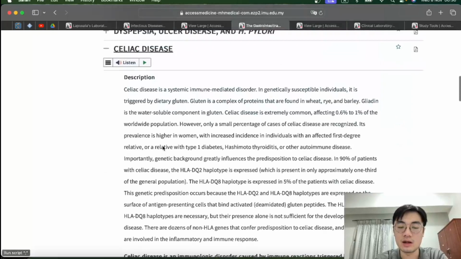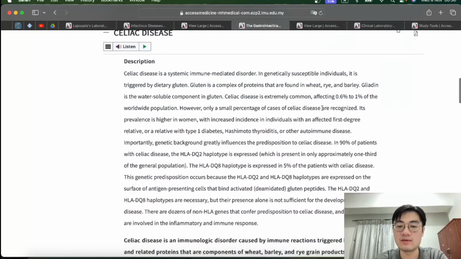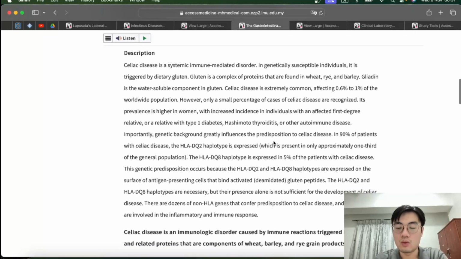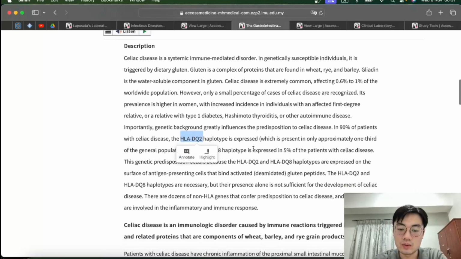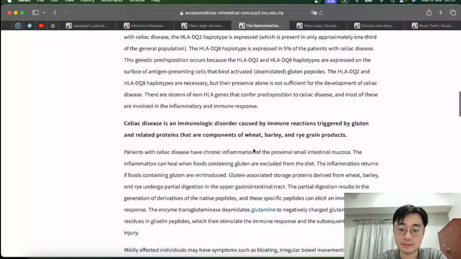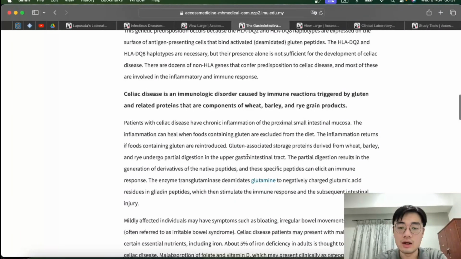If we click into celiac disease, it also gives a brief explanation of the disease, the risk factors, like having the HLA-DQ2 gene, and what actually is the mechanism underlying celiac disease.